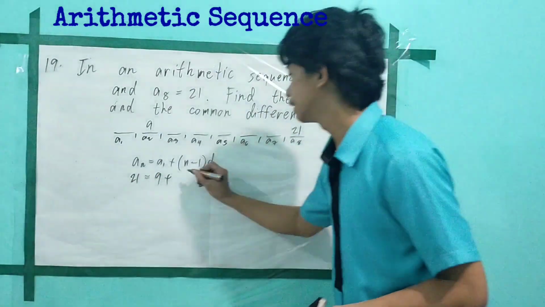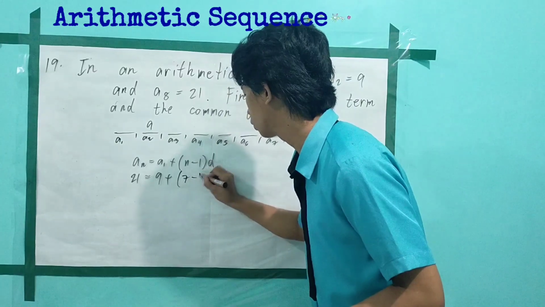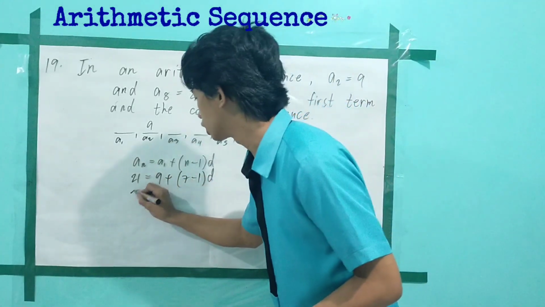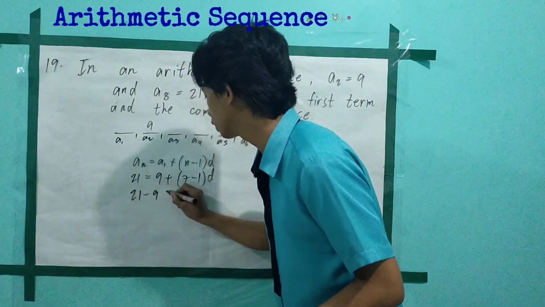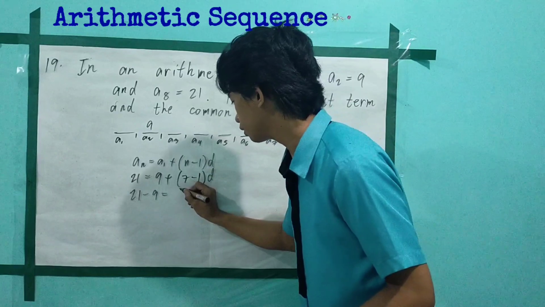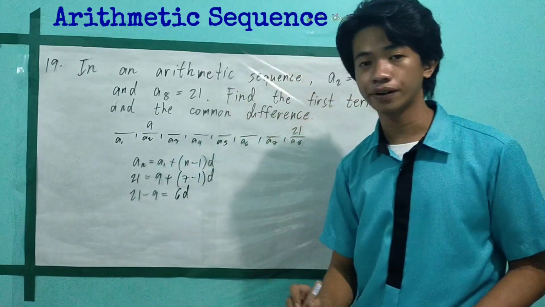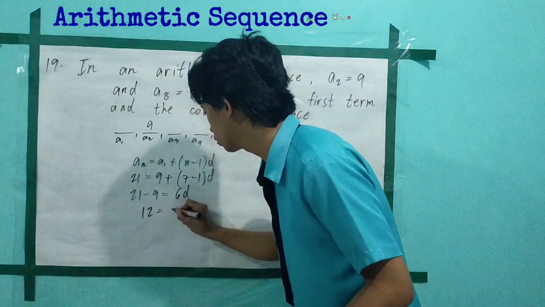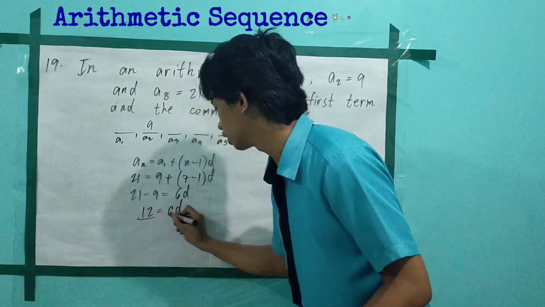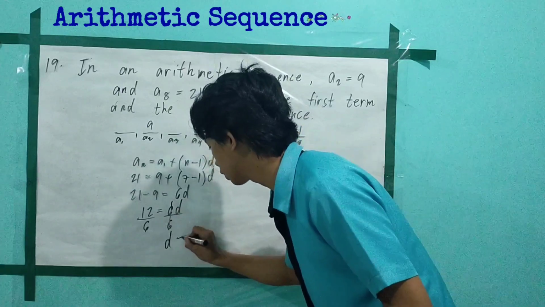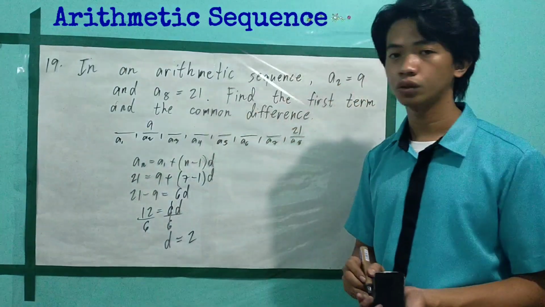We have 7 terms. Less 1 multiplied to the common difference. Ayan. So, 21 less 9 using APE, we have 7 less 1, 6 multiplied to the common difference. So, 21 less 9, we have 12 is equal to 6d. Divide both sides by 6. The common difference now is equal to 2.